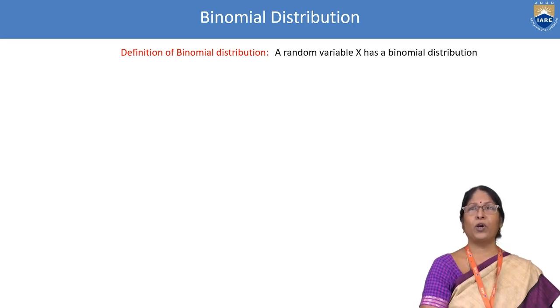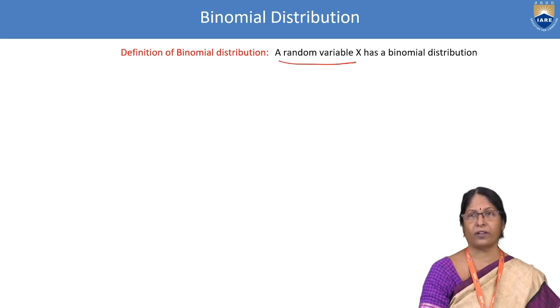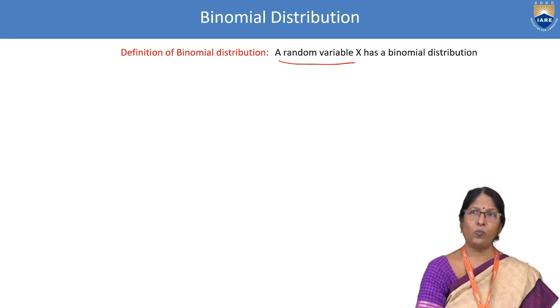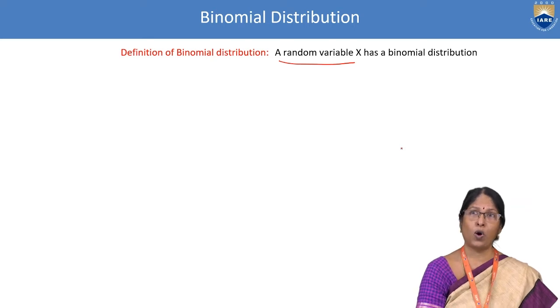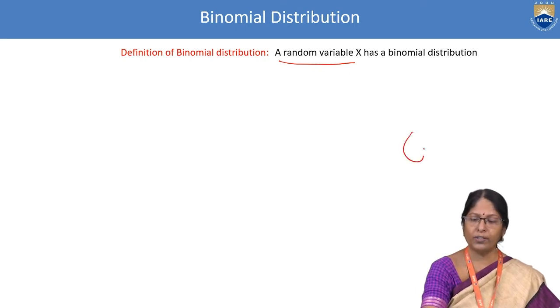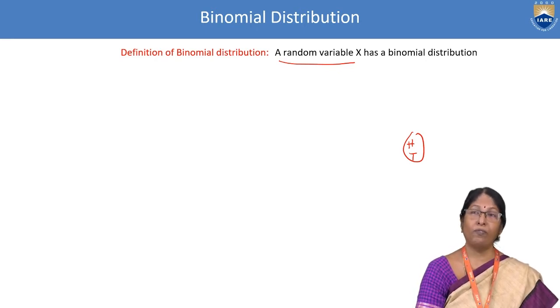Definition of binomial distribution: a random variable X. Suppose we have a coin in our hand, only one coin, then we know the output is H or T. If we toss a coin, these are the only two possible outcomes or sample points.